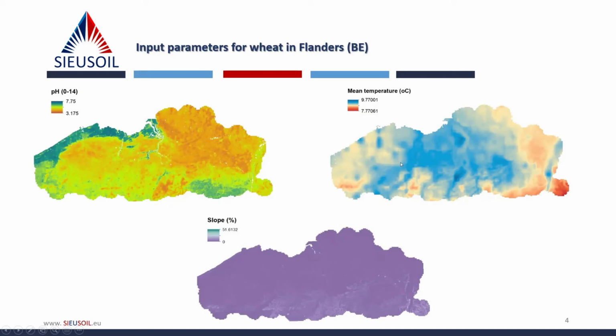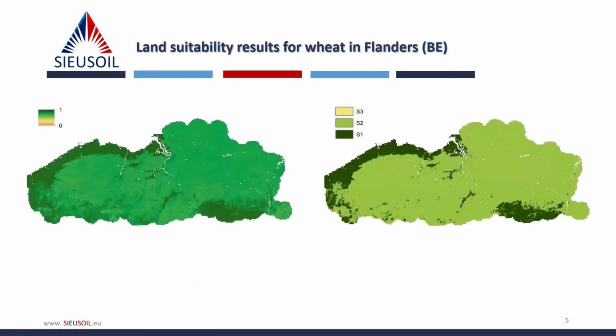On the top right is a mean temperature map in the same area. And of course, for the topographic parameters, we used slope as the main topographic characteristic of the area. The output of the model was, as I said before, 2 kinds of map. On the left, you see a land suitability score map for Flanders and specifically for wheat, receiving scores from 0 to 1.